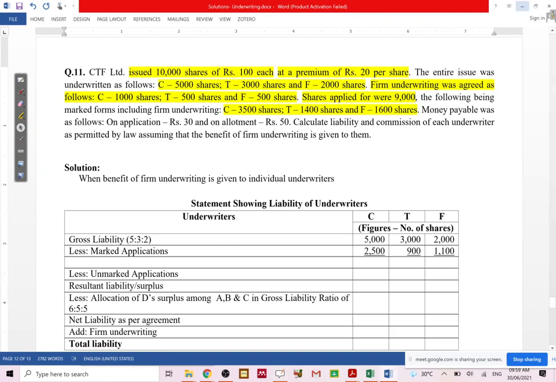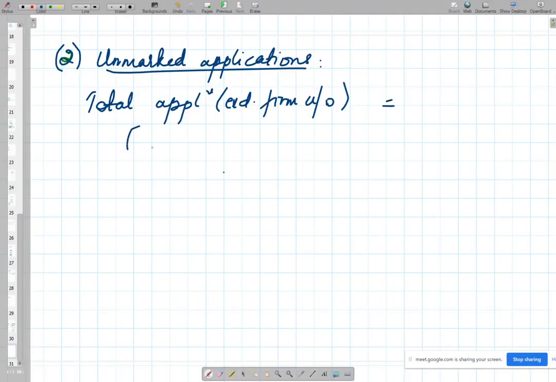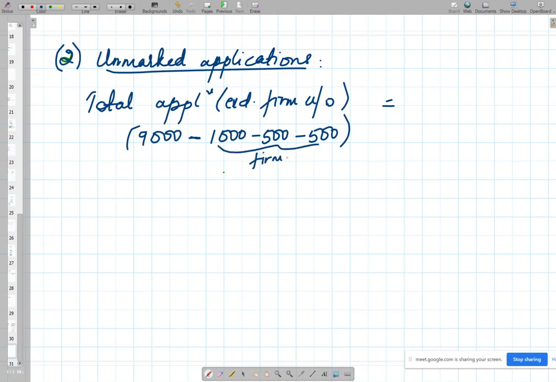Firm underwriting was 1,000 plus 500 plus 500, which is 2,000. So 9,000 minus these, and you get 7,000 as the actual applications received from the public.